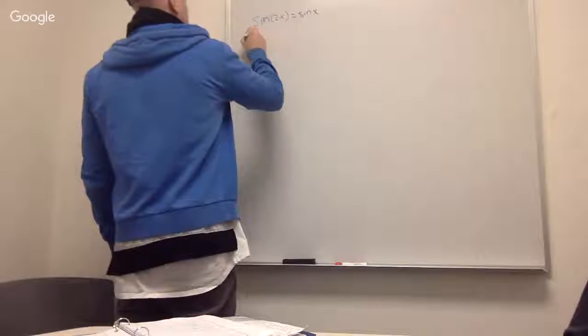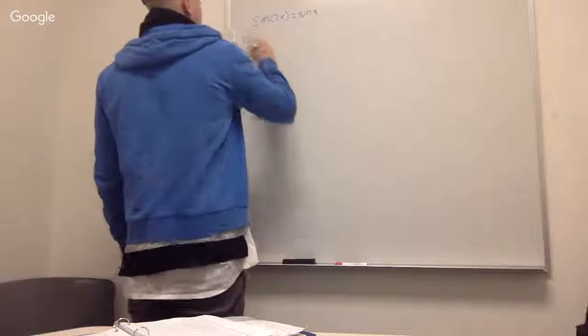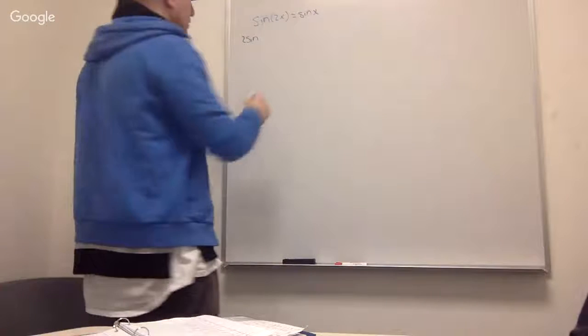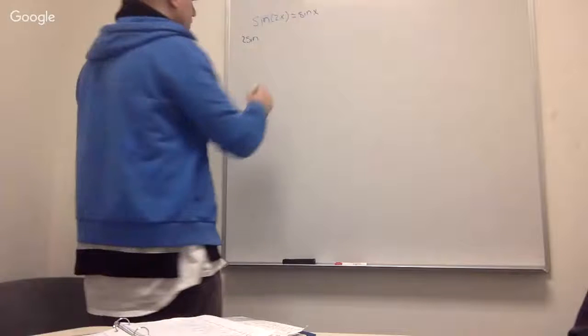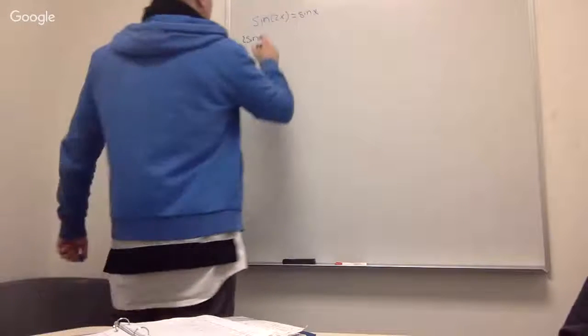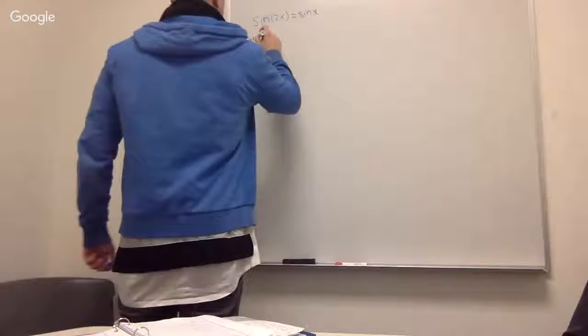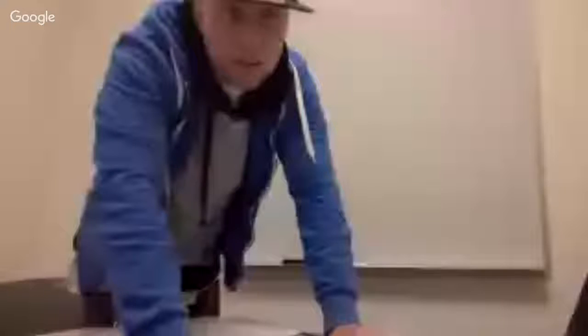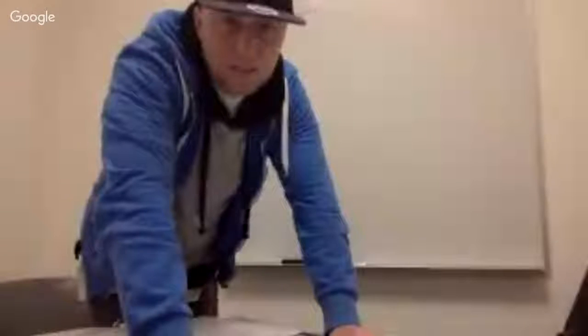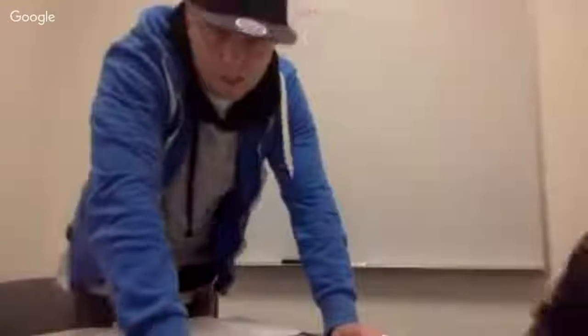It goes 2 sine x cosine x. I'm pretty sure. Because he got 3 solutions. He got pi thirds, and 5 pi thirds. So just looking at that, I can kind of see.